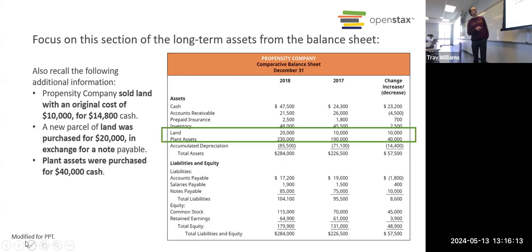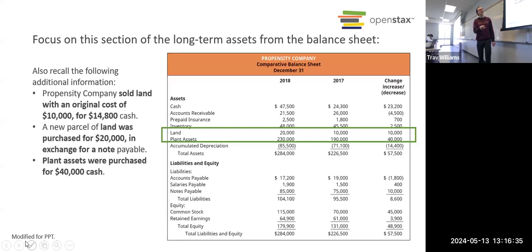It does sometimes get a little tricky in the investing and financing sections. You really need to pay close attention to what's happening on the balance sheet, but there's sometimes other information you need as well. Like we saw a case here where the company sold some land and got some other land.